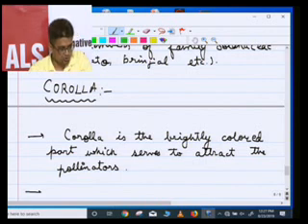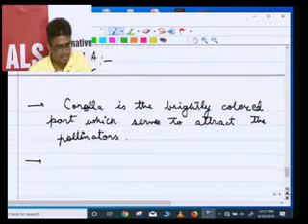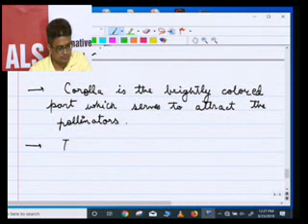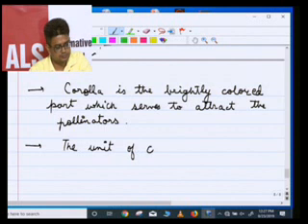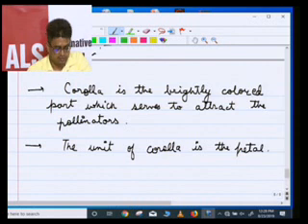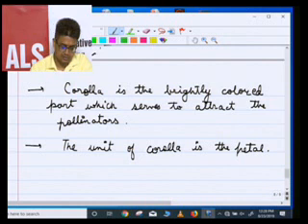The unit of corolla is called the petal. The unit of corolla is the petal.